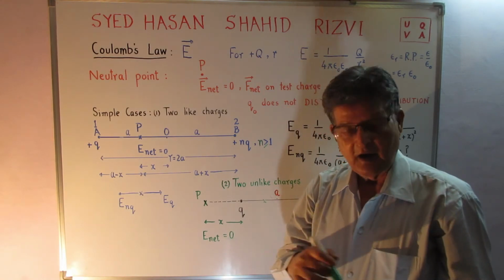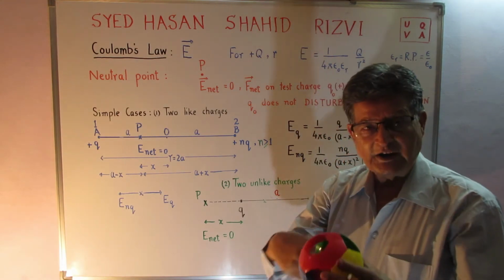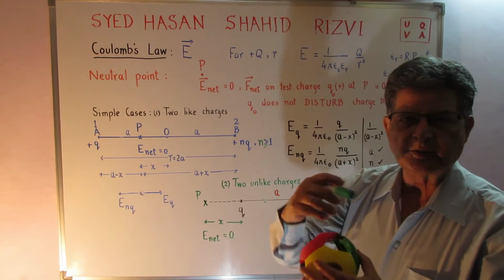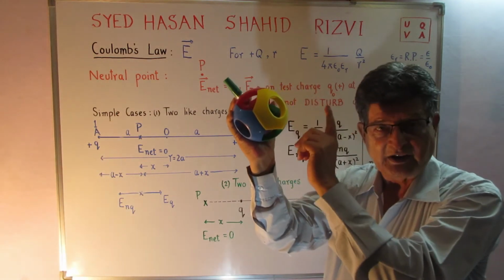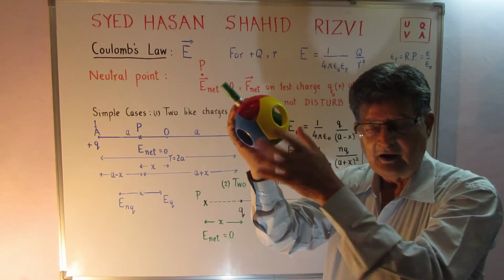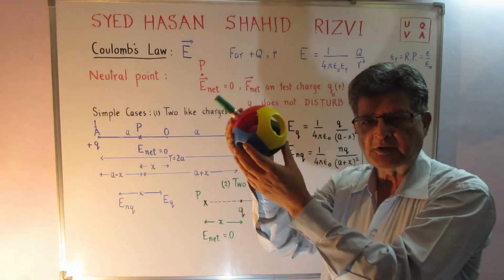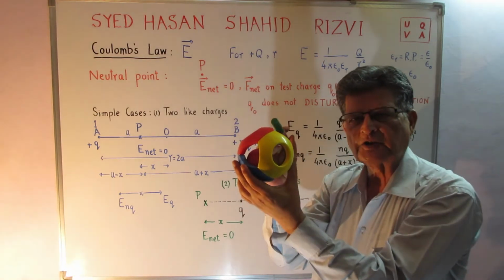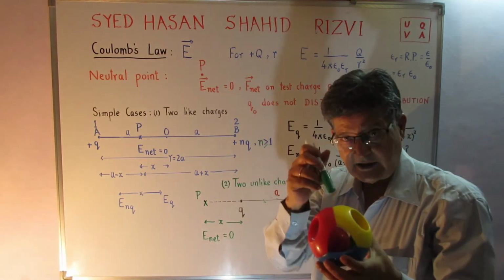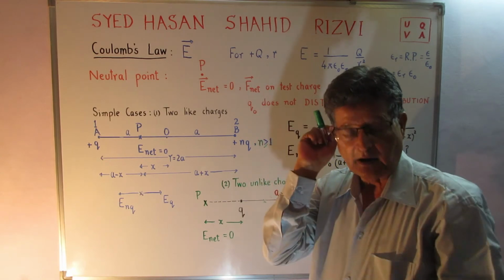If the charge is equally distributed, and it is, if it is a sphere and the charge is put on the outer surface of the sphere, then there is an equal distribution per unit area on the surface. Okay.